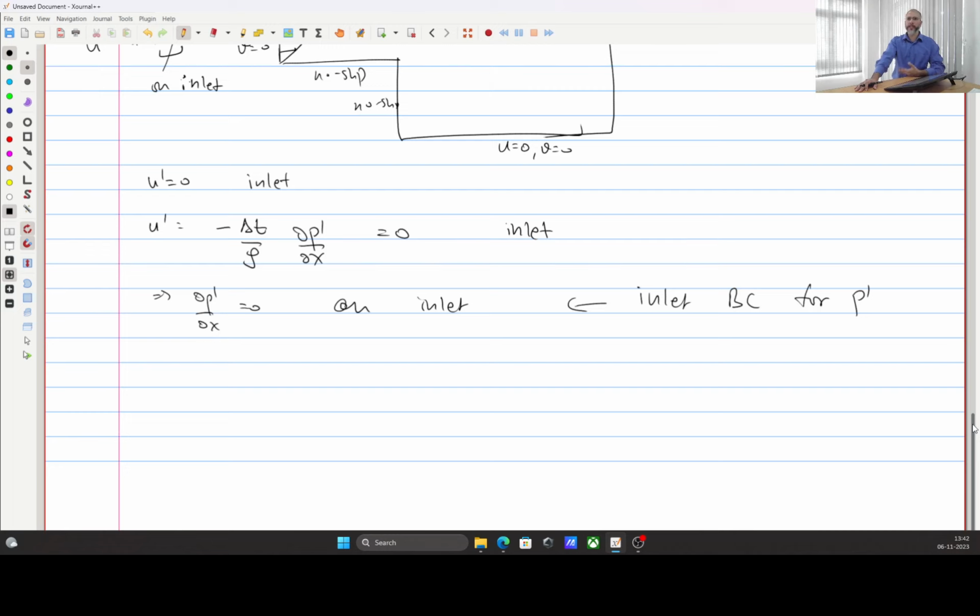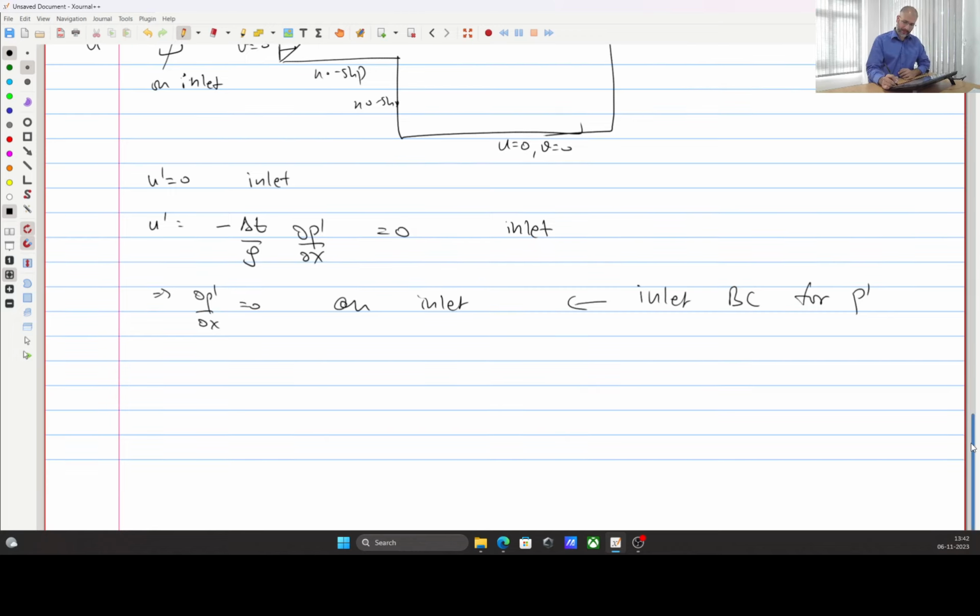You will see in the literature, in the books also, that they talk about pressure, but that is pressure correction. You will see this again and again. This is a very interesting idea, so just try to pick it up.